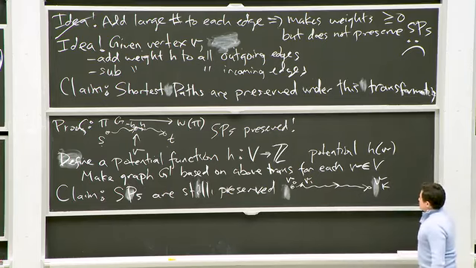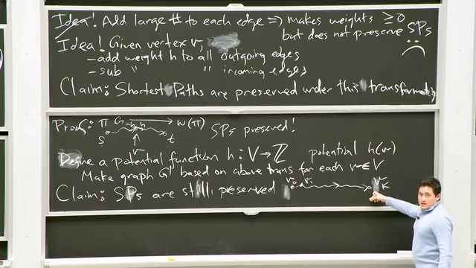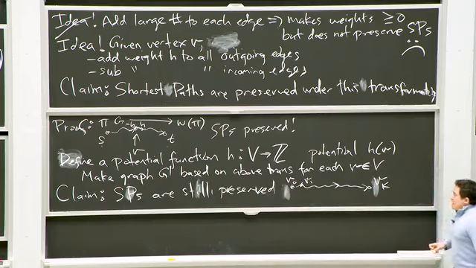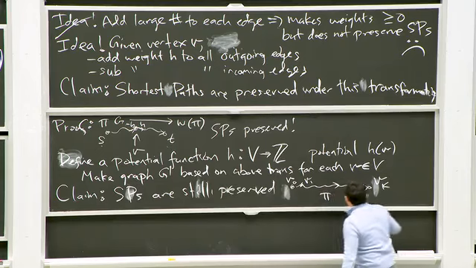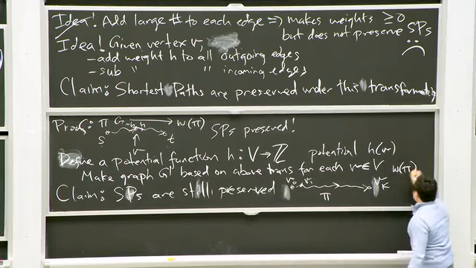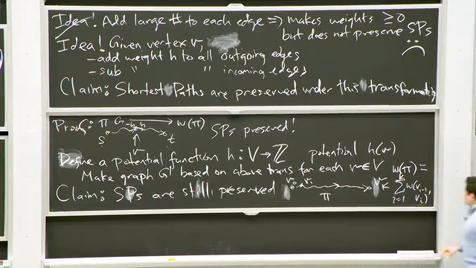I claim to you that any shortest path from V0 to VK remains a shortest path after I reweight everything in this way. Okay, so let's say this is path pi, and so it has weight W pi, which is really just the sum of all of the edge weights from Vi minus 1 to Vi for i equals 1 to K, right?